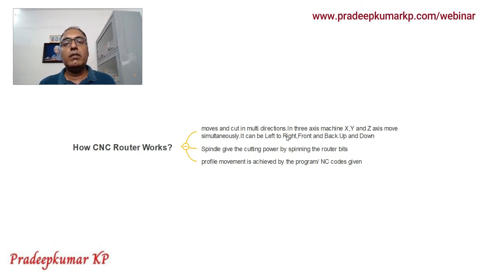A 5-axis machine has 2 more axes of movement, the rotary axes. Then the spindle is the main motor which gives the cutting power, in which the tool is fitted, spinning, especially for a CNC router machine, at very high RPMs, maybe 18,000, 24,000, 40,000, 60,000 RPM, compared to a CNC milling machine with lesser RPM for metalworking.